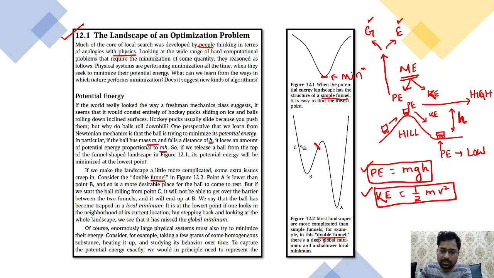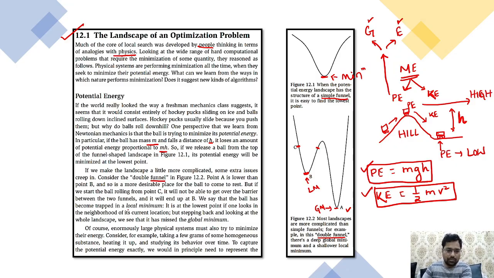But if it started from C, definitely you cannot cross this barrier. This is a barrier basically. So you stopped here and say we reached the minimum. This minimum is called a local minimum, or you can say a local search you did, but the global minimum is this one. You are not reaching the global minimum, you are just stuck at the local minimum.